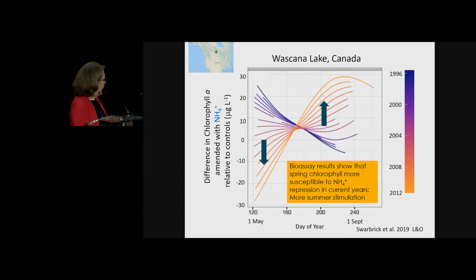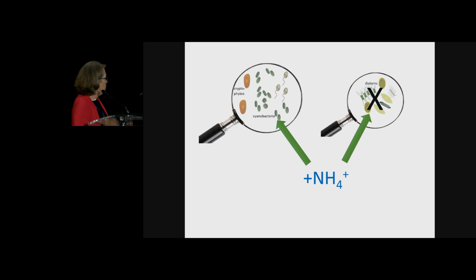More recently now, adding ammonium leads to a 20 to 30% decline in chlorophyll, that repressive effect, and in the summer, a large stimulation. So a big shift in the effect of these ammonium amendments. So basically what's happening is adding ammonium now is knocking out these diatoms, and in the summer enhancing these pico-cyanobacteria, or non-nitrogen-fixing cyanobacteria.